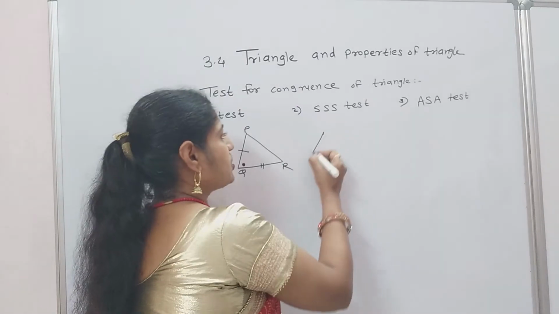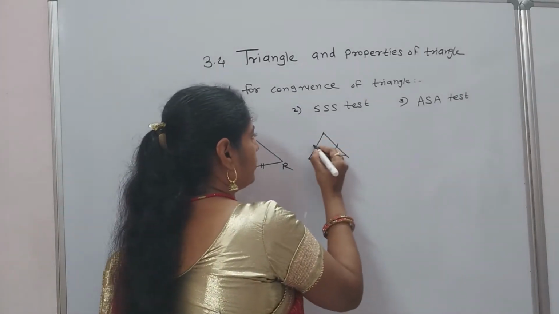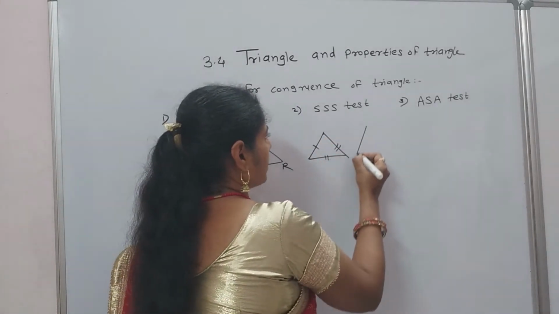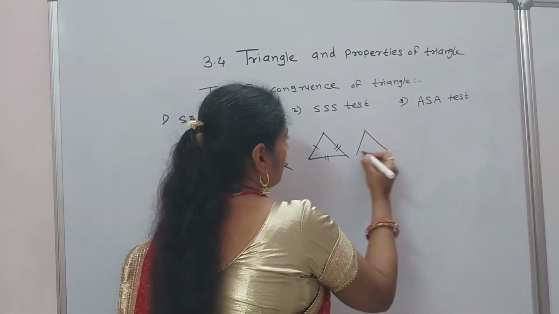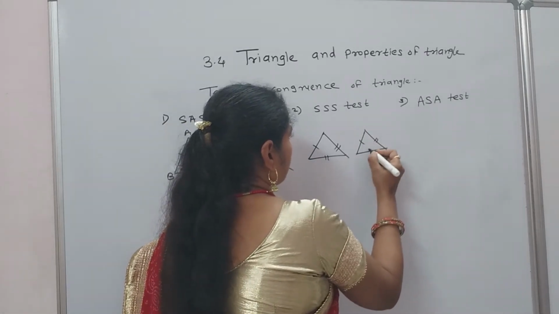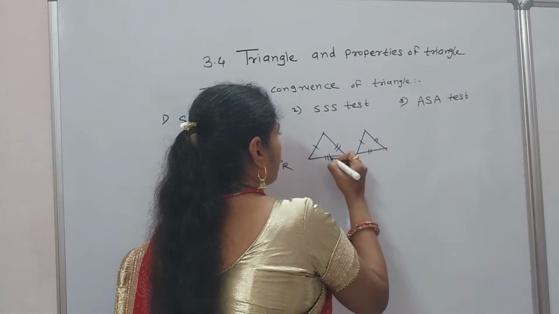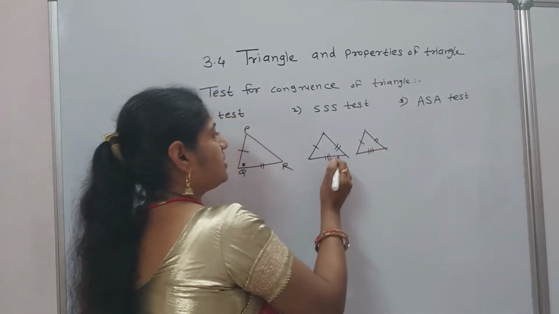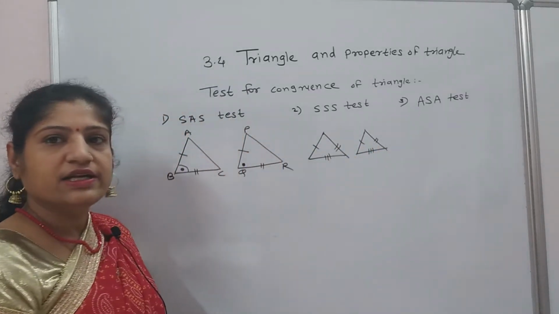If 3 sides of one triangle are congruent with the corresponding sides of the other triangle, then the two triangles are congruent by the side side side test.